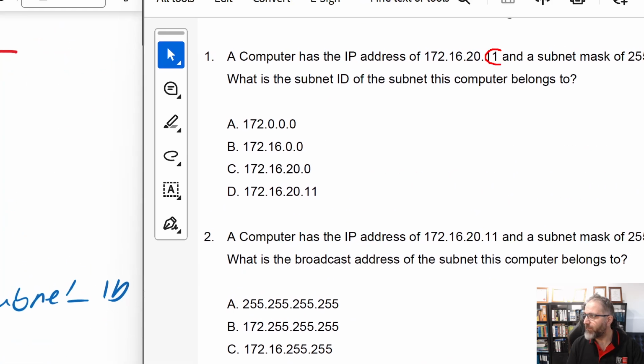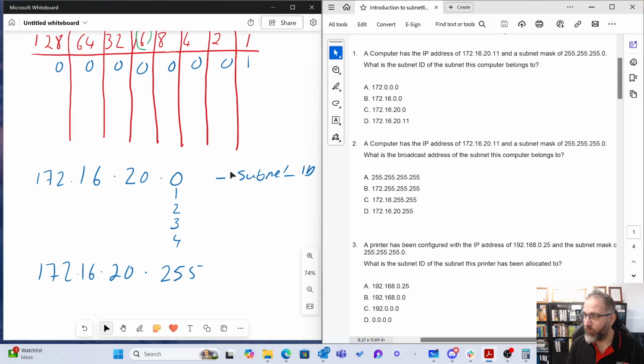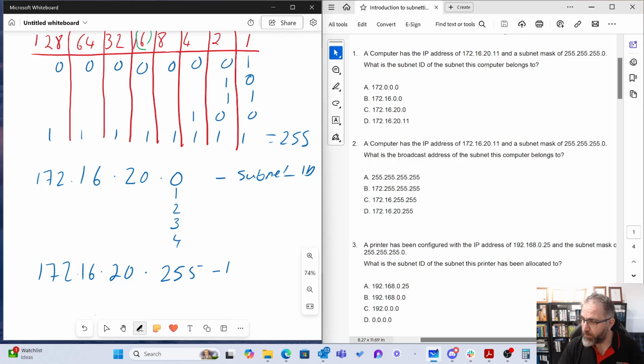But we could start from 1, and then 2, and then 3, and then 4, and go on and on until we get to the very last IP address, which is all 1s. And what does that equal? 255. So the very last IP address is 255, and that's your broadcast address.